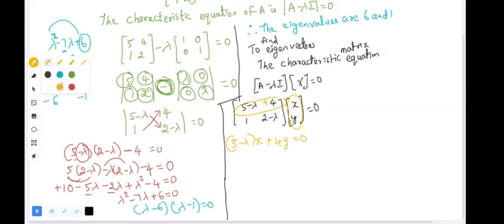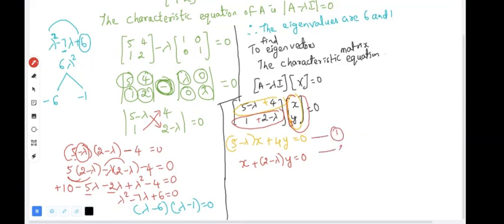Then we go with the second row, first column. 1 into x is x, then plus, 2 minus lambda into y equals 0. So now we got equation 1 and equation 2.